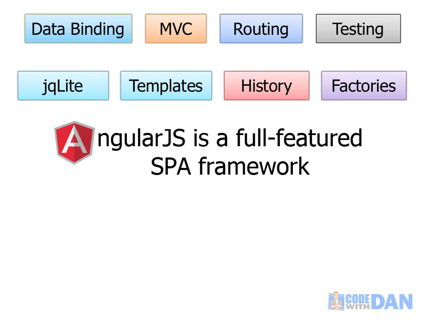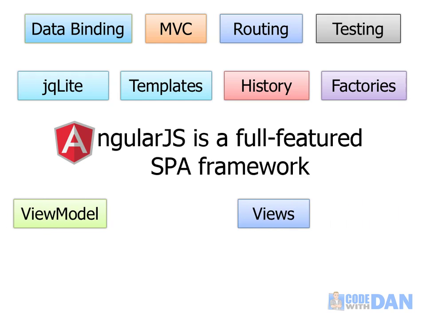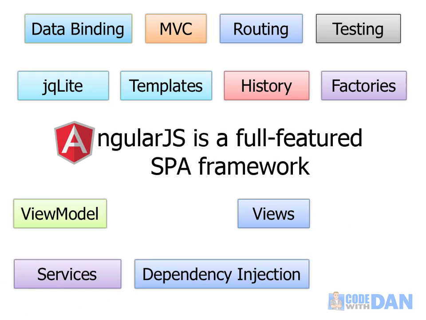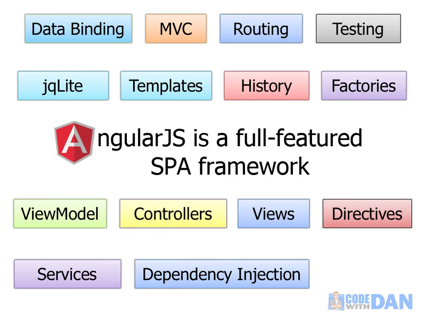But things like data binding I mentioned, a model view controller type of methodology or pattern, supports routing and testing and history. You can use even a jQuery type of version called jqLite that's built into Angular for some of the DOM manipulation. Now it has even more. We can do things like view models, which you'll see is called scope, dependency injection, directives, controllers. We can even do form validation, and everything you see on here is built into the framework.